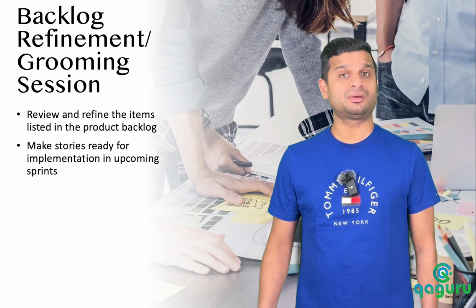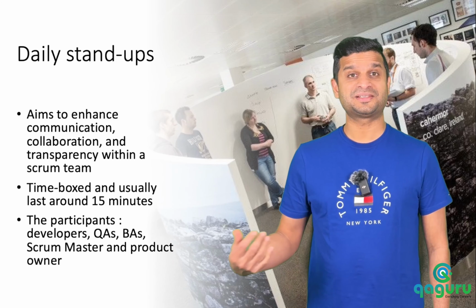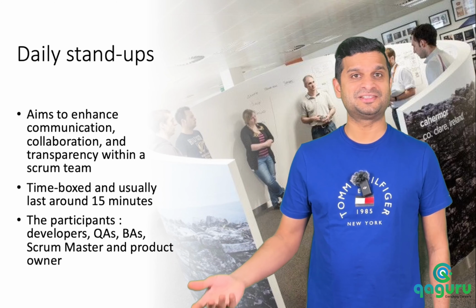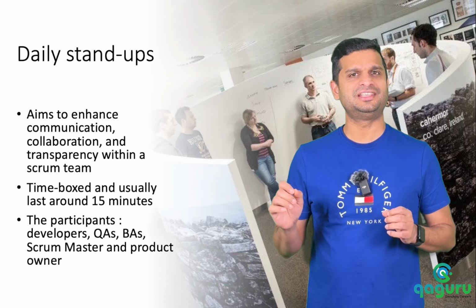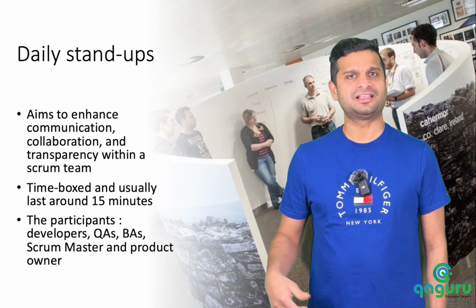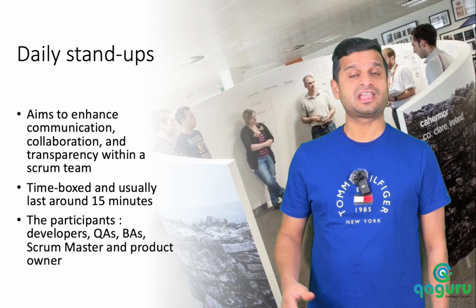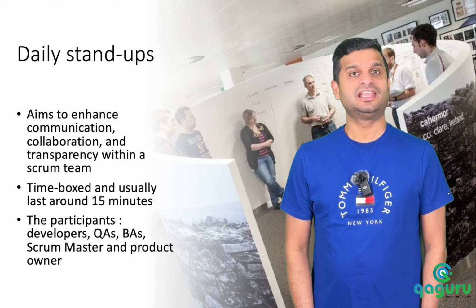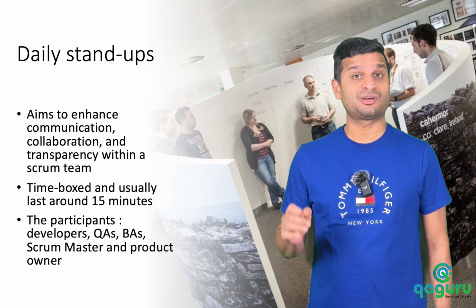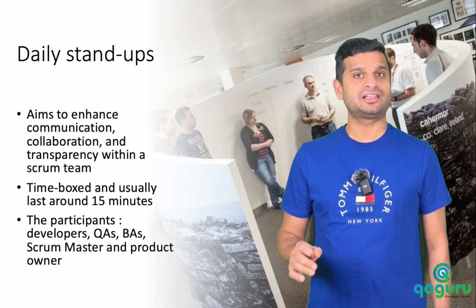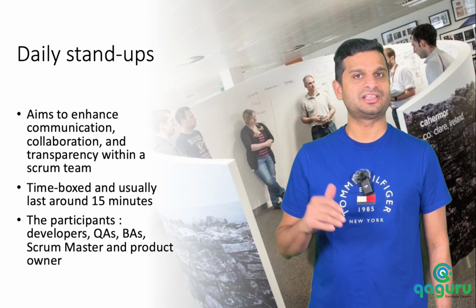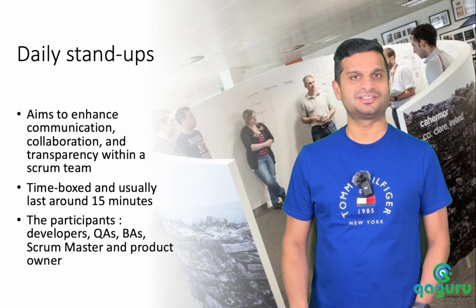Daily stand-up meetings, also known as daily scrums, are brief daily meetings conducted by Agile teams to synchronize activities, share progress, and address any impediments. These meetings typically last around 15 minutes and are held at the same time and place every day to maintain consistency.